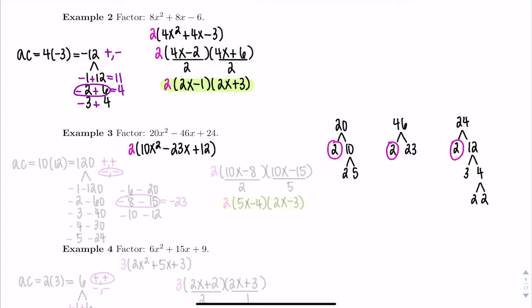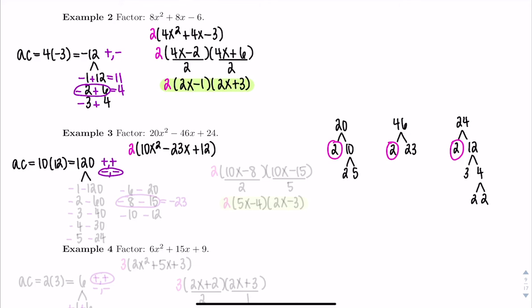Now we can go ahead and do the Berry method on the inside polynomial. We've got 10 times 12, which is 120. And because we got a positive number, that means we could have 2 positive numbers, or we could have 2 negative numbers. Now, since the middle term is negative, that means both of our terms need to be negative.